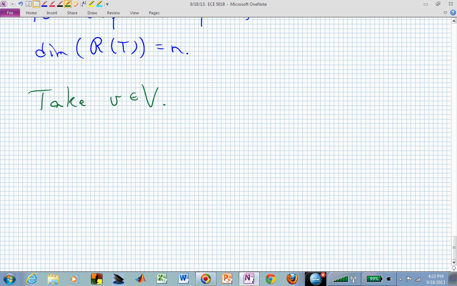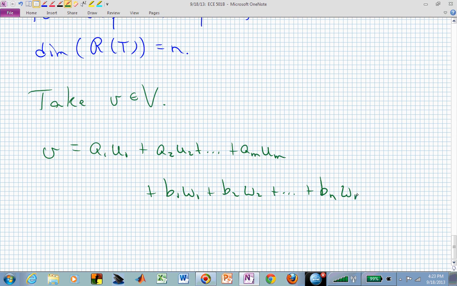But now let's rewrite v in a special way. Let's write it as a linear combination of our basis vectors. We can do that, right? If v is coming from our domain, then we can write it as a unique combination of our basis vectors. Let's say v is a1 u1 plus a2 u2 plus a sub m u sub m, plus, let's say, b1 w1 plus b2 w2 up to b sub n w sub n.